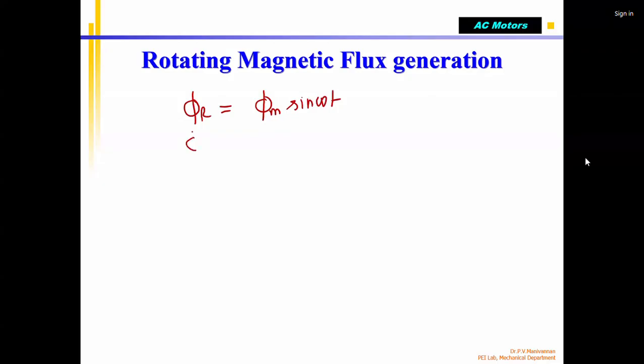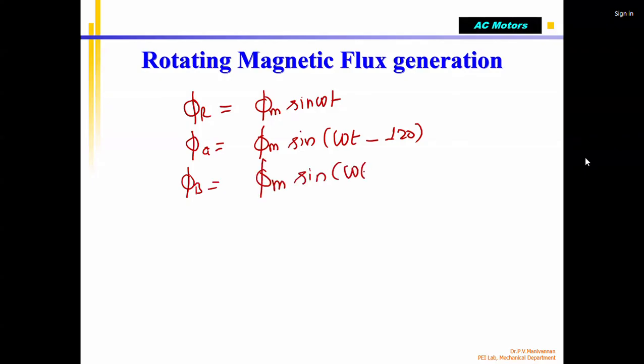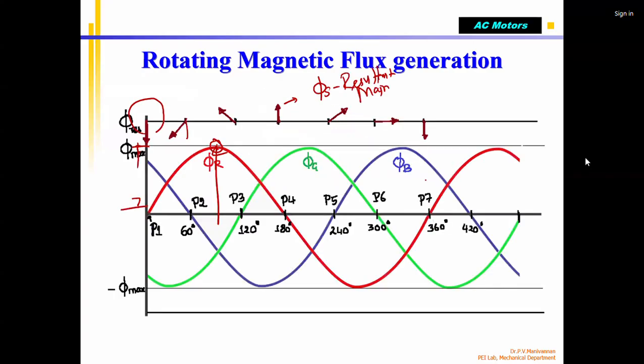So automatically phi G, the green phase, is going to be phi max sine omega t minus 120 degree with respect to this one. Phi B is going to be phi max into sine omega t minus 240. I am talking only about this.